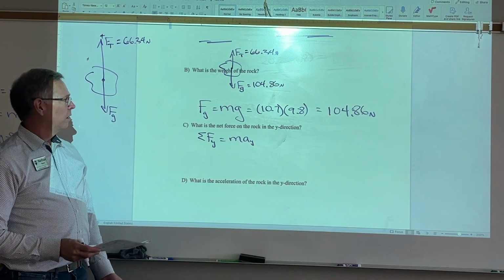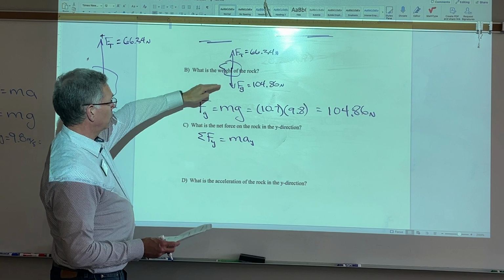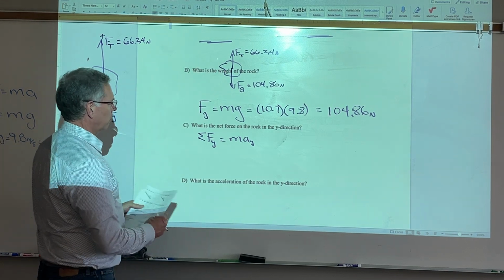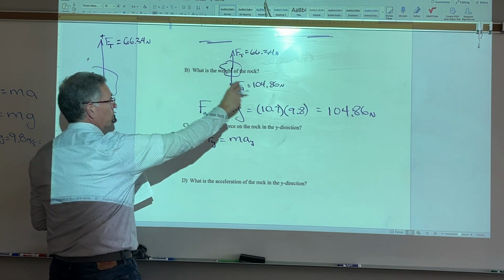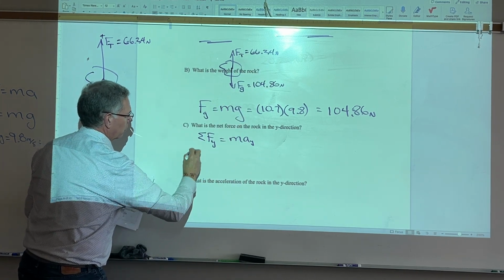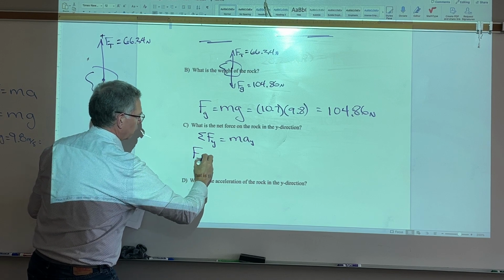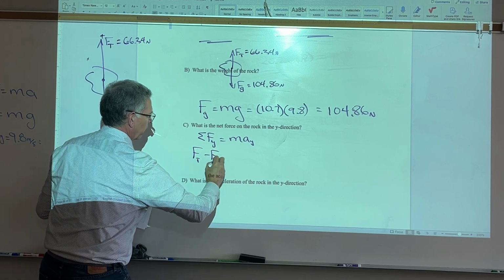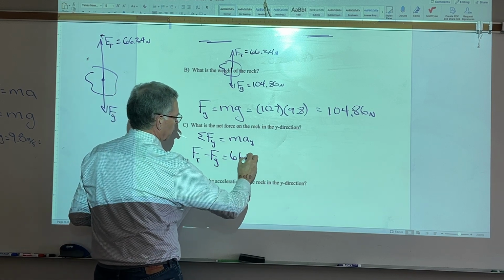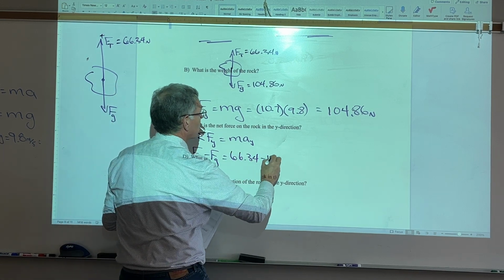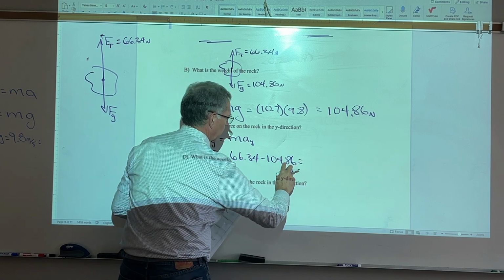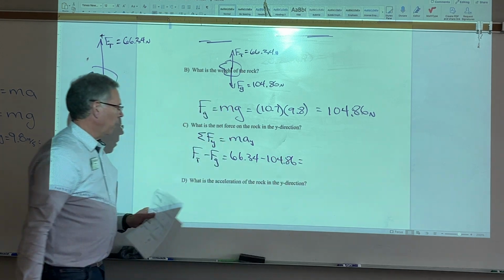No. Okay, so we have to use the left side with our forces. Since we know both forces, we can use that to find my net force. So force of tension minus force of gravity equals 66.34 minus 104.86.